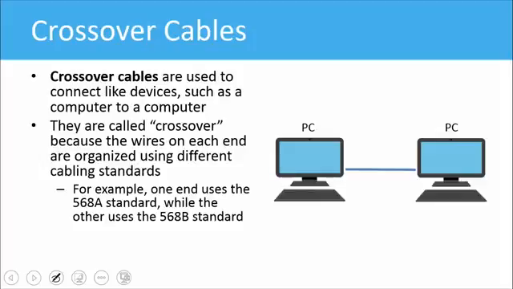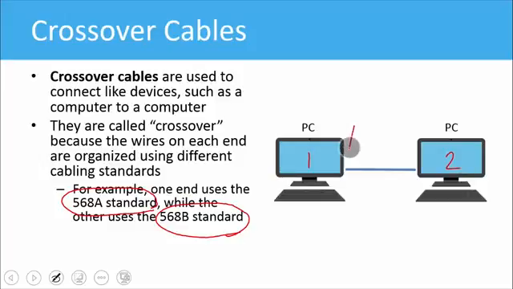In contrast, a crossover cable is called a crossover because of the fact that if you start one end with the 568A standard, it crosses over on the other end to the 568B standard. So let's say that this PC1 here, and we have PC2.